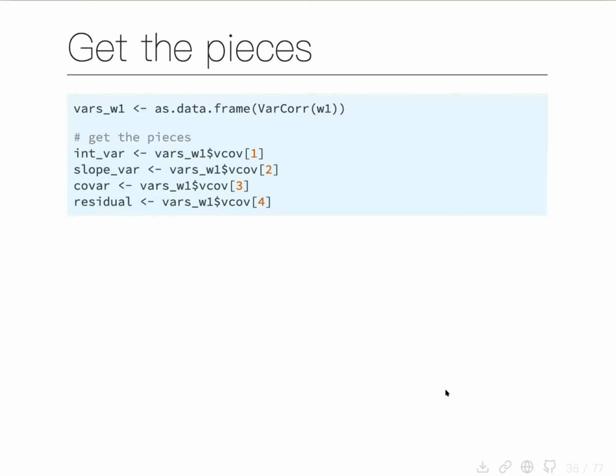So we can do this by hand. Again, this is background information. This is not something that's super important. It's just for further depth of understanding of what's going on here. So I'm grabbing the variances, and then I'm pulling the pieces out. This is the intercept variance, this is the slope variance, this is the covariance, and this is our residual variance.